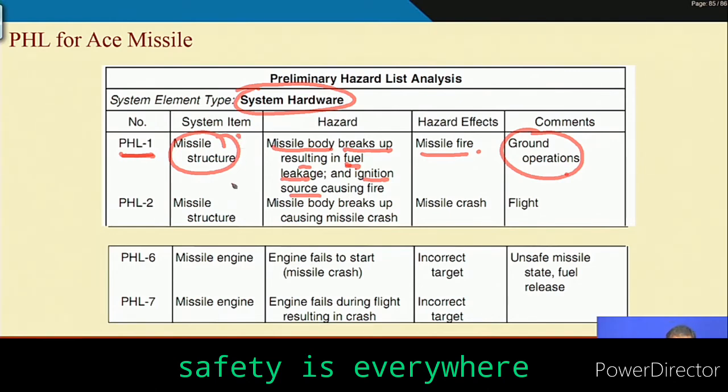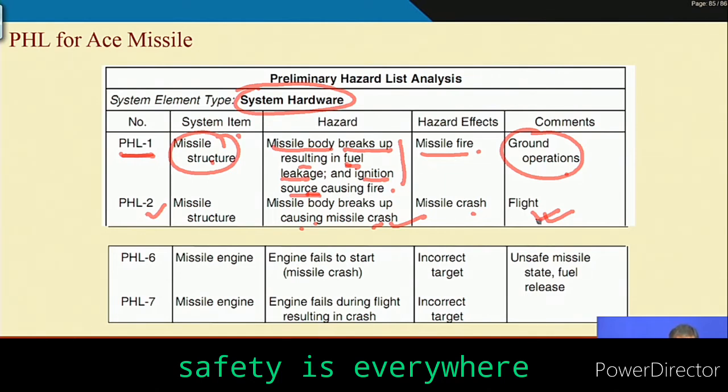Similarly, the same system element, missile structure, will have another entry: missile body breaks up causing missile crash. So one causes fire, and another is causing a missile crash during flight. During ground operation the first will take place, during flight the crash will take place.